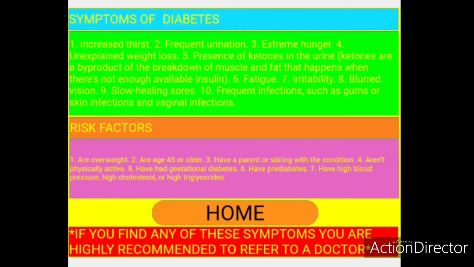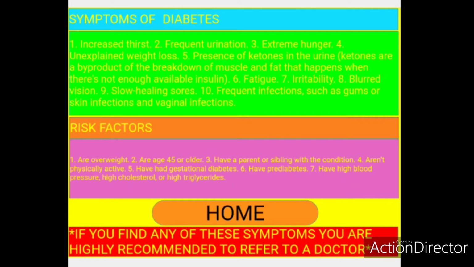So if we click on diabetes, he may get all the symptoms you see when somebody is facing diabetes: increased thirst, frequent urination, extreme hunger, unexplained weight loss, presence of ketones in urine, fatigue, irritability, vision problems, slow healing sores, and frequent infections such as gum, skin, and vaginal infections.